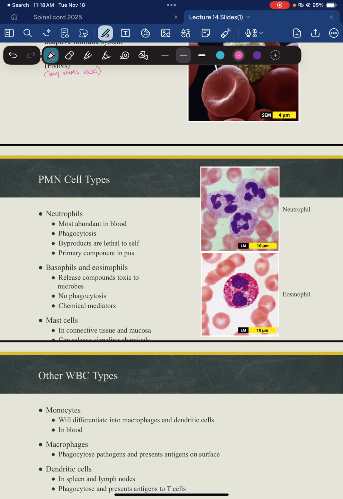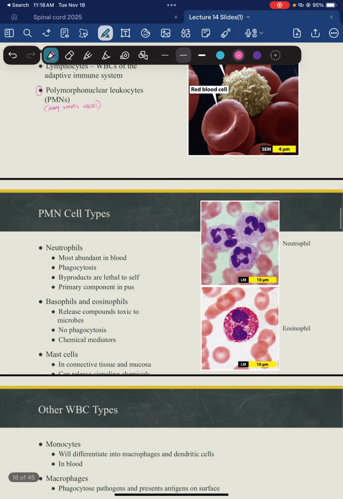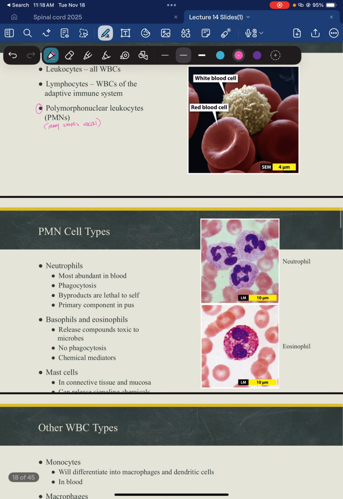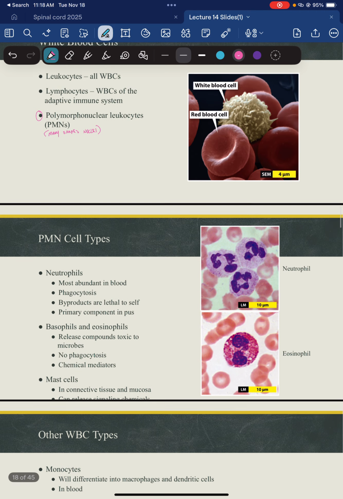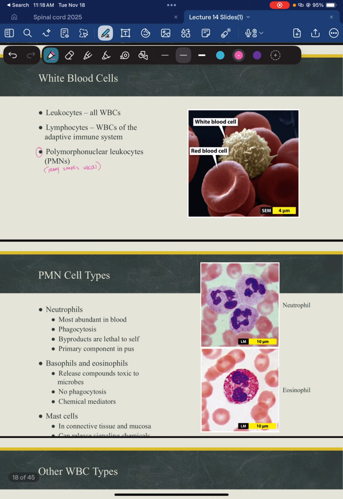All around here are red blood cells, all of these red discs. There's a white blood cell, another type of white blood cell. They're quite easy to identify in a blood smear, which is what you're seeing here, based off of their size as well as the lobing that you see in the nucleus. This is usually how we identify what type they are, by what the lobing looks like. Not that you will have to do that on your own.